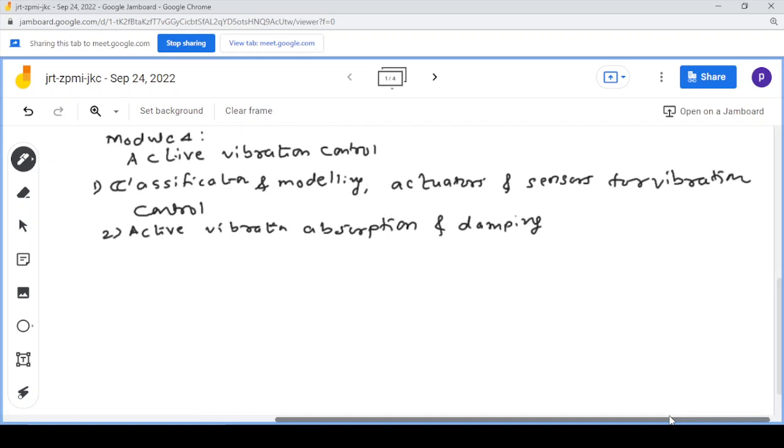So let us look at the points that we need to discuss. Whenever we are considering the introduction to active vibration, first we will consider the topic introduction to active vibration control.